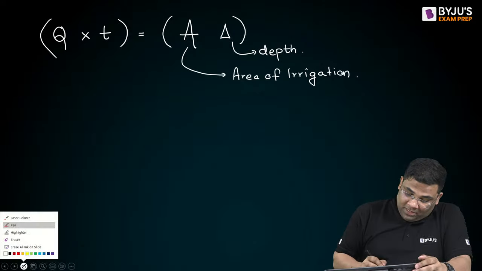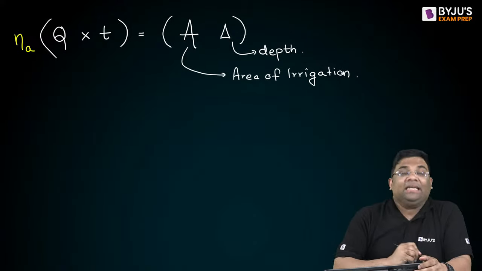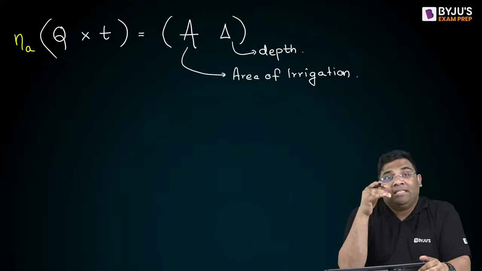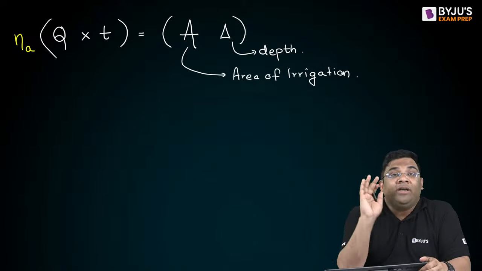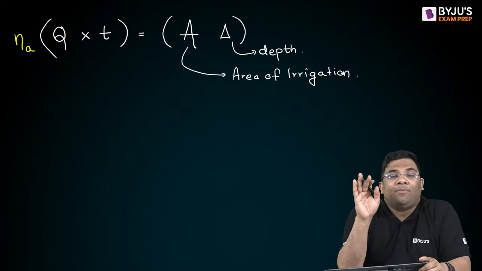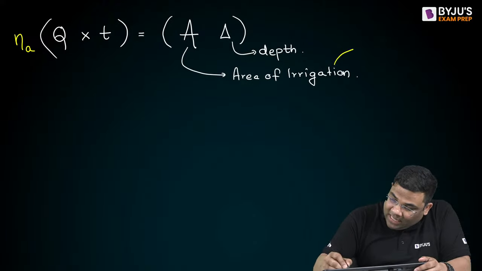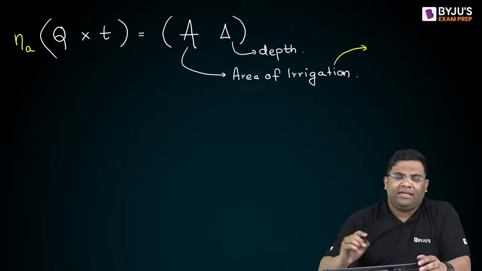Now in this formula we will introduce a term: your application efficiency. Because whatever discharge you are providing, all the water won't be reaching the root zone. Some will be wasted. So you have to multiply by the application efficiency. And how to find out the area of irrigation?